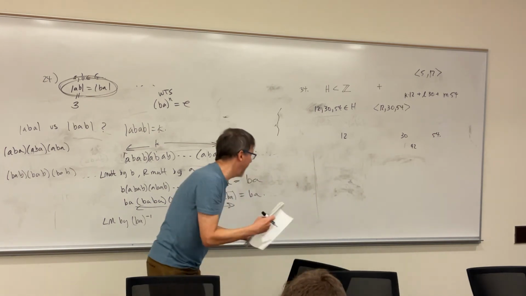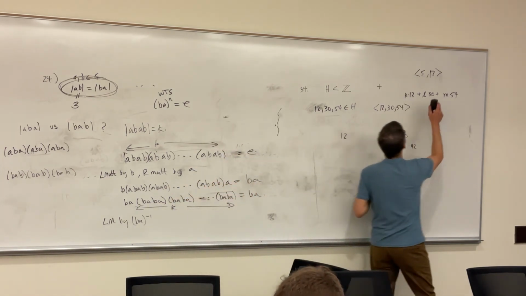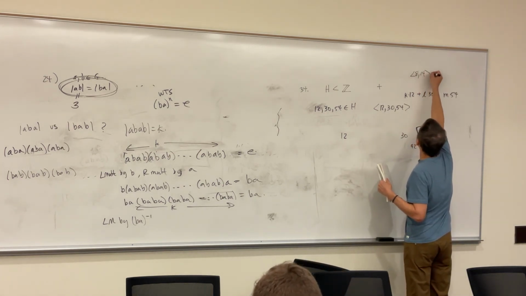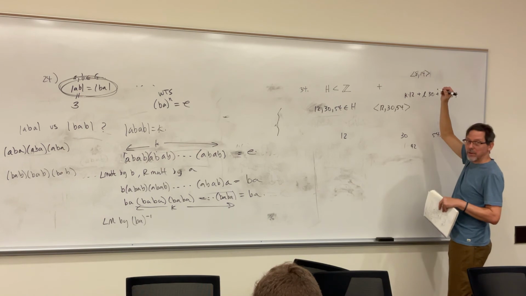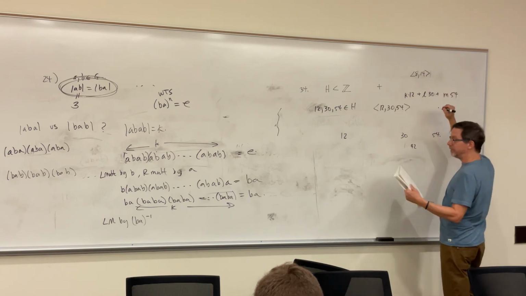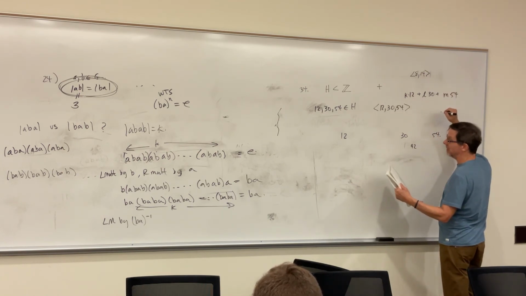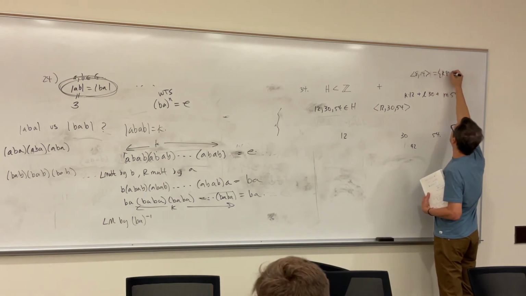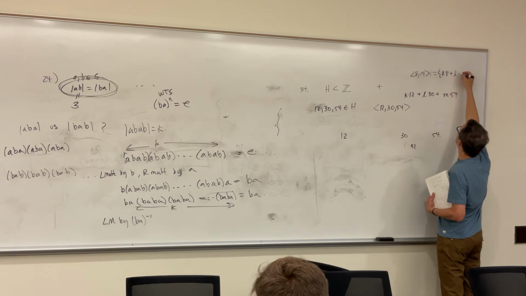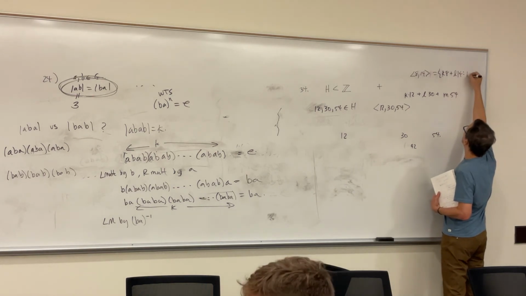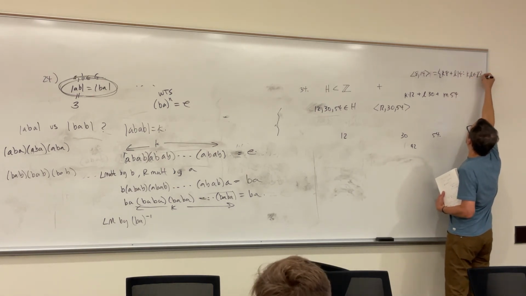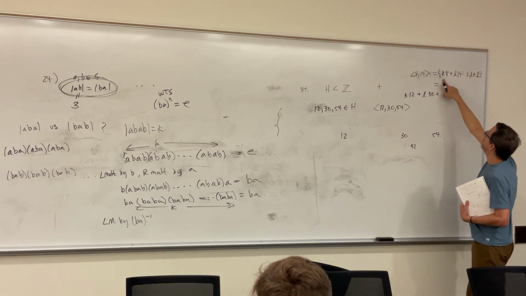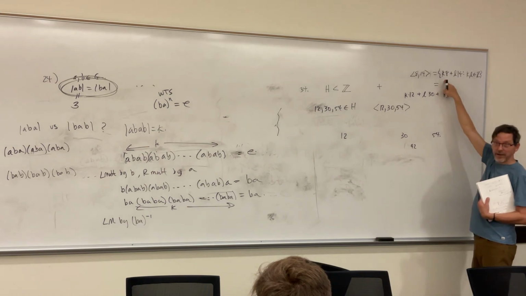So, for example, we had the subgroup of Z generated by 8 and 14. Remember that? Yeah. That's basically the collection of all multiples of 8 plus all multiples of 14. And we realized that we could get this down, with that GCD linear equation.